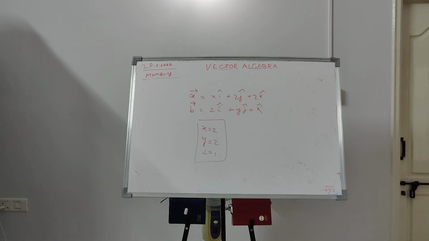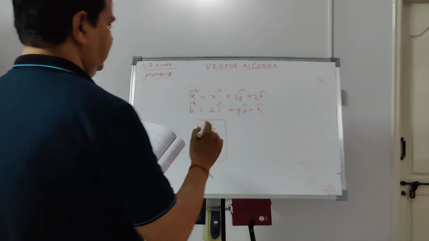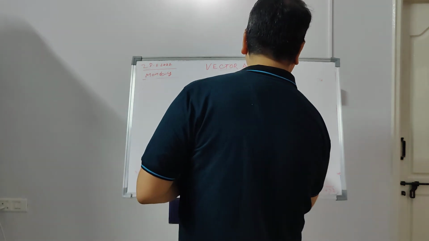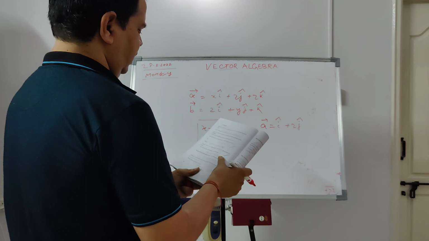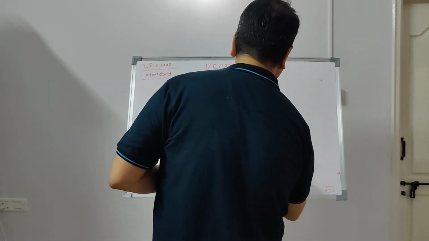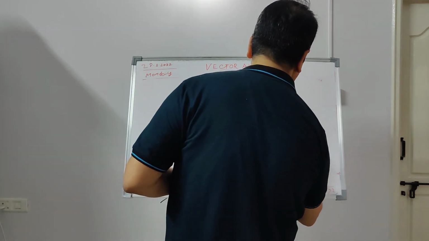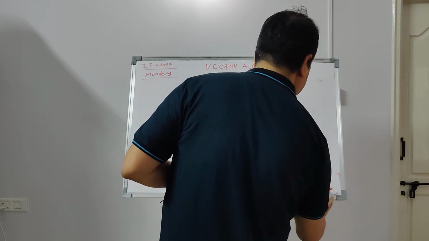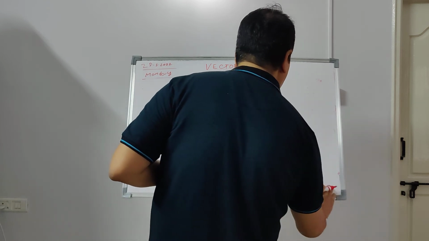Okay, so there is another example. Let us say A is equal to i plus 2j, and B is equal to 2i plus j. So the question is whether the two vectors are equal.